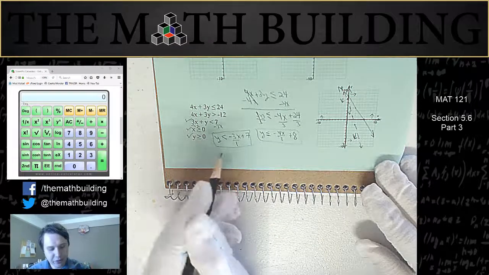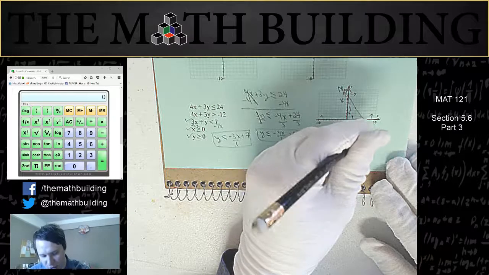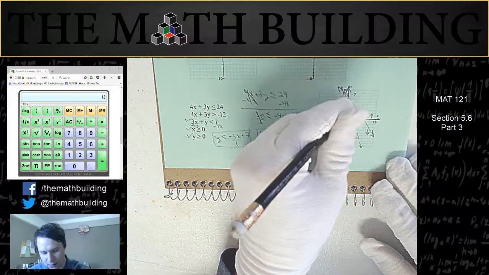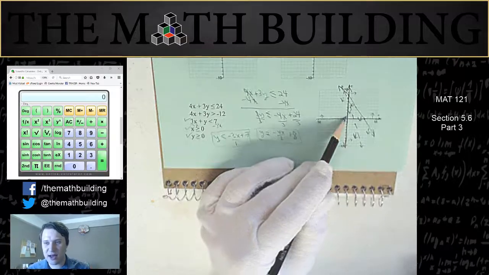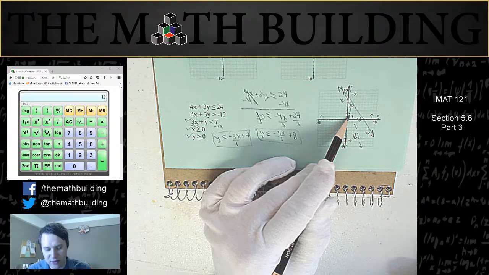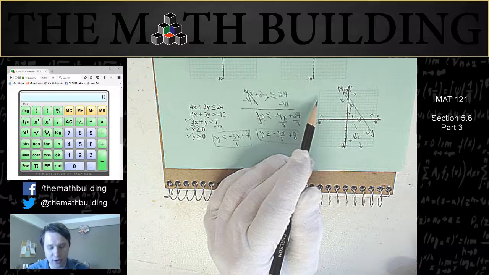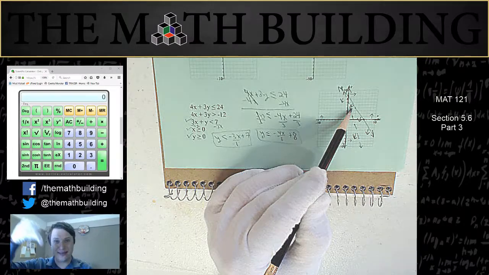Now, do we shade above or below? y is less than the line, so we're going to shade below this line. And if you look, this line actually does not affect our region, because it's not cutting through the triangle. However, it's good news that the arrows are pointing down.